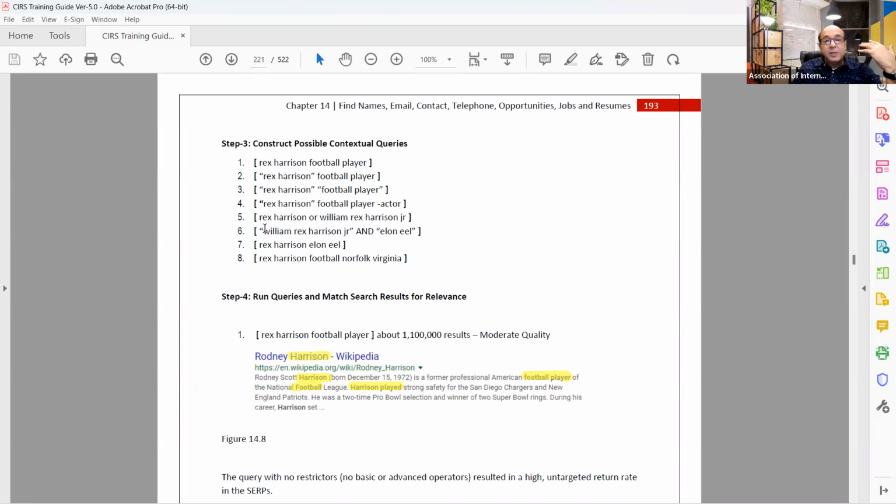William Rex Harrison, that's exactly the name of the actor, or a Christian name for the actor himself. And at the same time, you want to make sure that you can add other context, which is for the football player. Incidentally, the player is also known by the name Elon Eel. That was, I guess, another one that you can add. And so it continues.